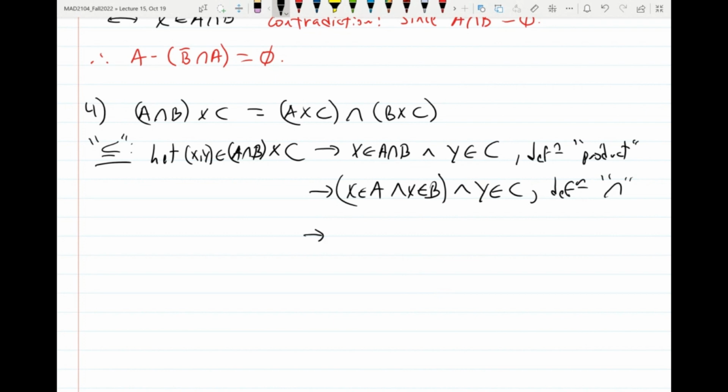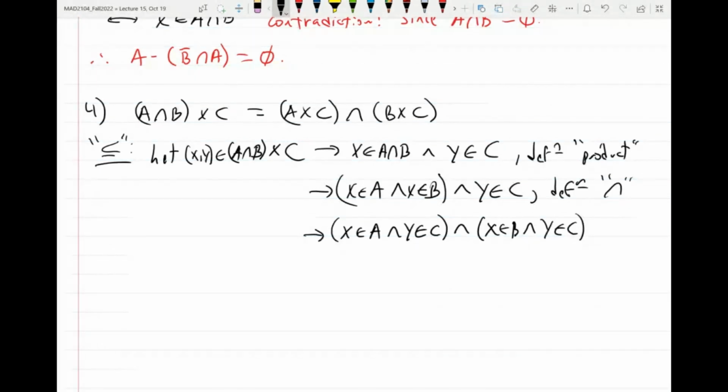And then I'm going to use the associativity and commutativity of the AND operator to say that X is in A and Y is in C, and X is in B and Y is in C. So basically what I did was I attached another "Y is in C" in here, and then I started moving things around, putting the A with the C and the B with the C. You okay with this?